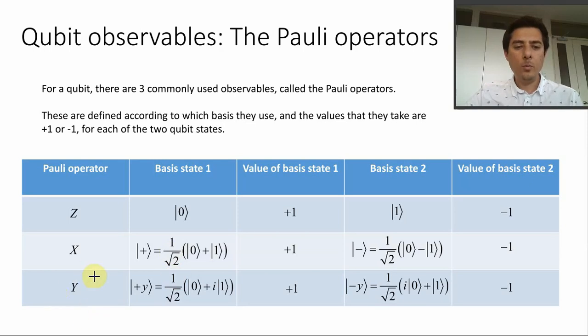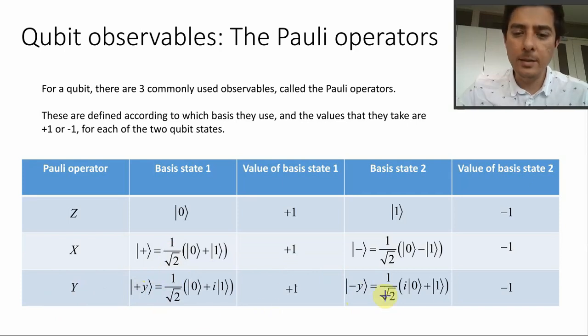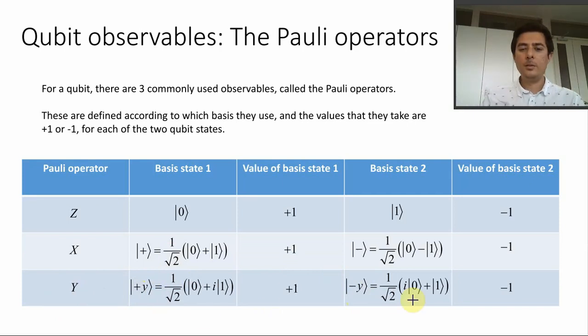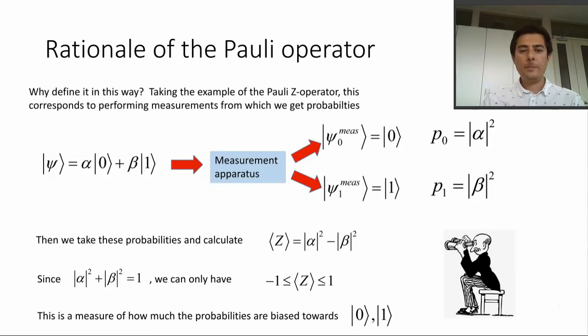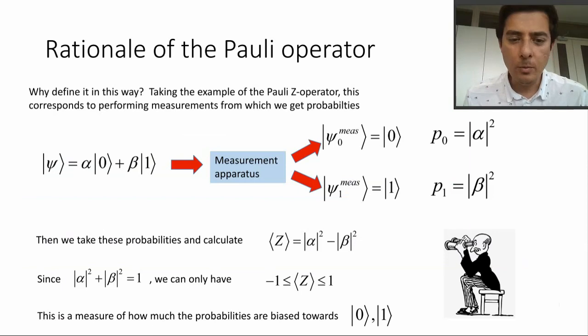And the Y operator also has these states plus and minus Y, which are defined in this way. Okay, so that's three different operators. So firstly, why define it in this way?